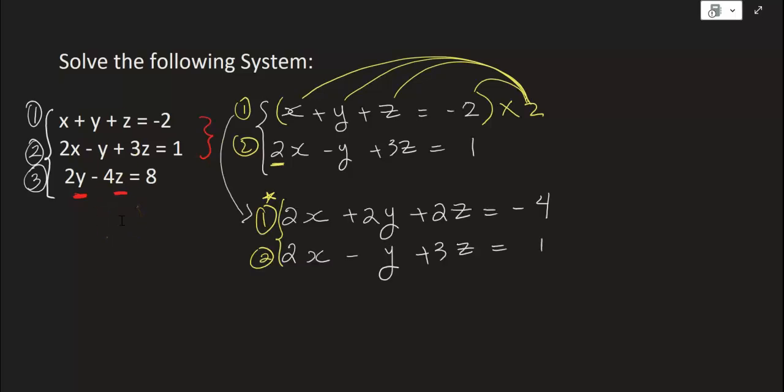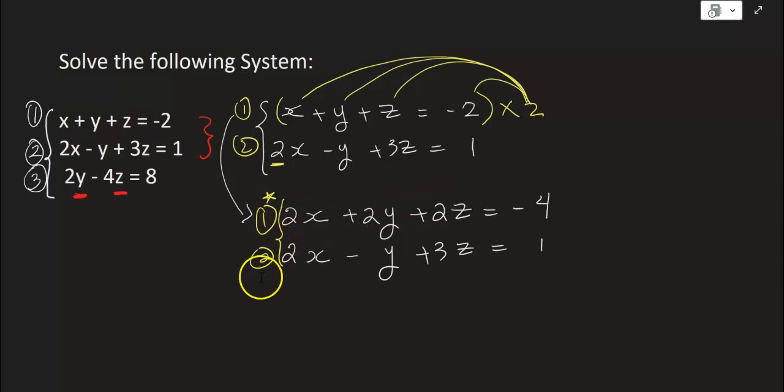Okay, so now we have these two equations. I manipulated equation 1 by multiplying the 2 through both sides of that equation, and I got equation 1 star.